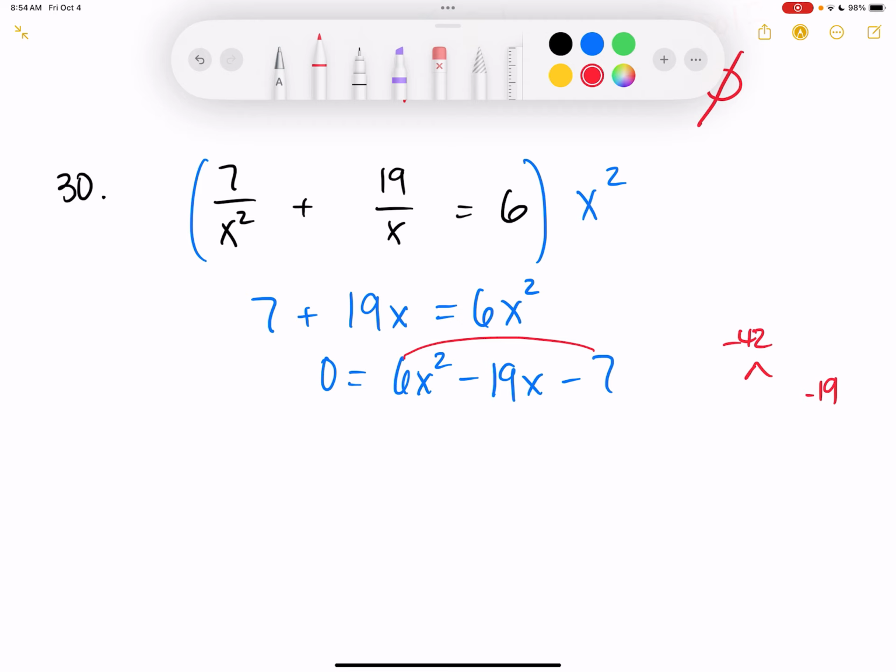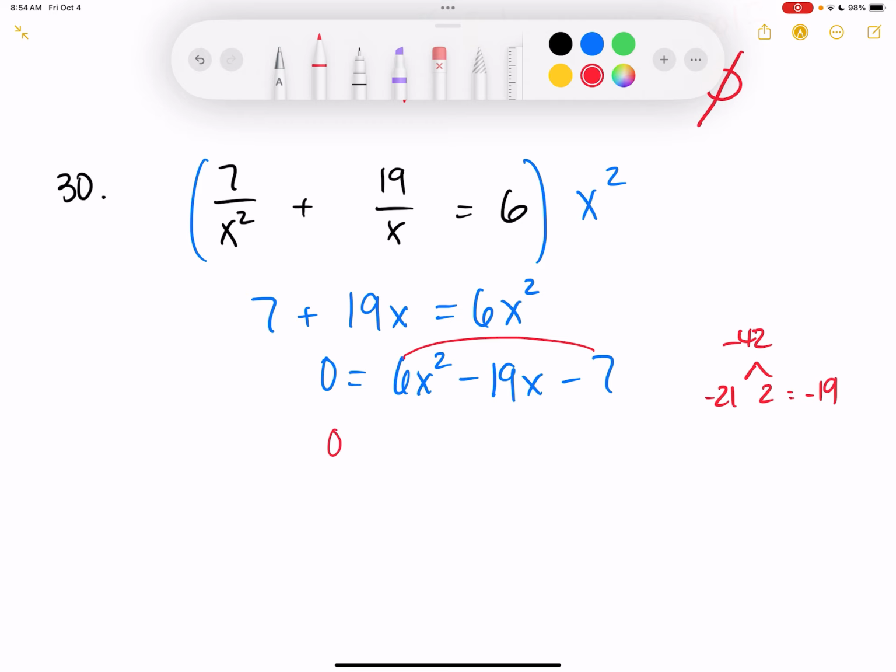Seven and 6 won't add to 19. Negative 21 and 2. And the bigger number is negative because the middle is negative. So now I'm going to pair the 21 with the 7 and the 2 with the 6 just because of the stuff that I'm going to factor out. Doesn't matter. It's ultimately going to give you the same answer either way.